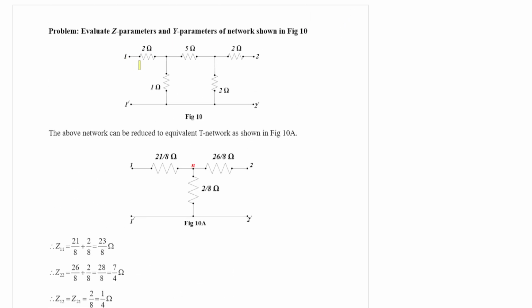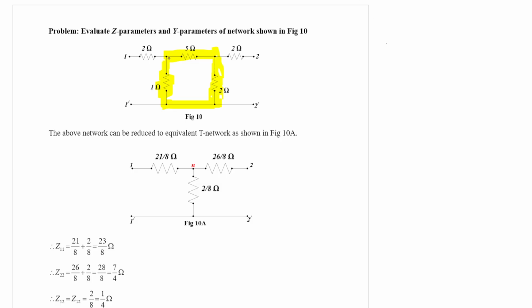Now how to solve? Let us look at this part: this 5 ohm, this 1 ohm, and this 2 ohm. These three resistances form a pi network.